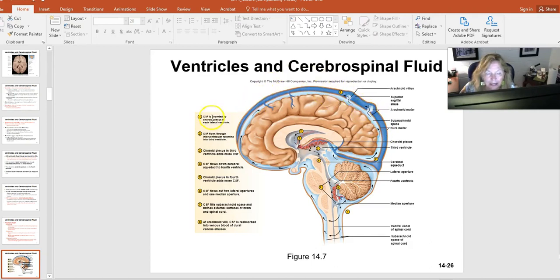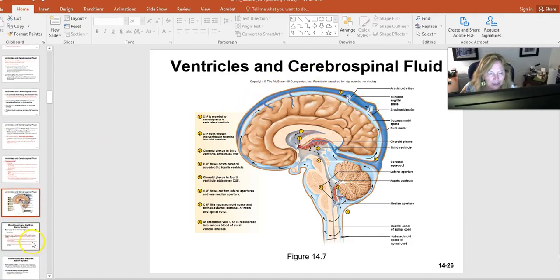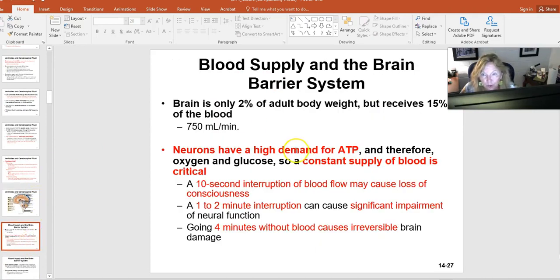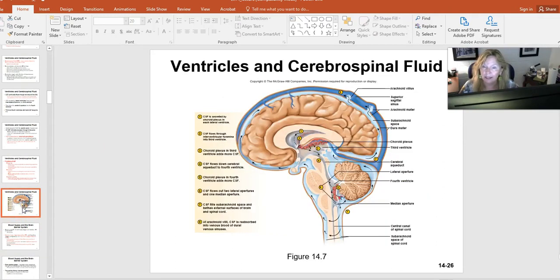It's gathering it and reabsorbing it into the system. So you produce a certain amount every day, you're reabsorbing a certain amount every day, and that pace has to stay balanced. If the pace were not staying balanced, then it could put extra pressure on the brain. You don't want there to be too little, and there also can't be too much.